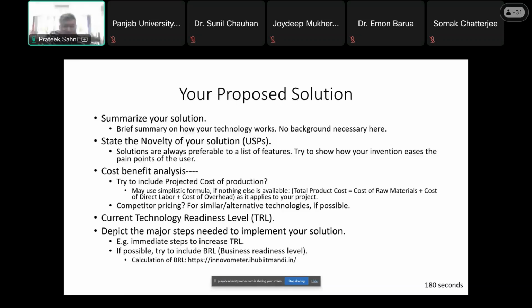Business readiness level is also a metric that you might want to look into and help show your potential licensees what sort of business strategy they might want to employ and how much of it is already done, which is unlikely to be large, but still good information to have.